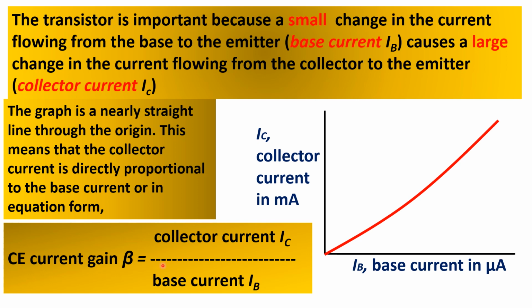This is the result of plotting the graph IB, or base current, versus IC, or collector current. You almost get a straight line graph sloping upward to the right.